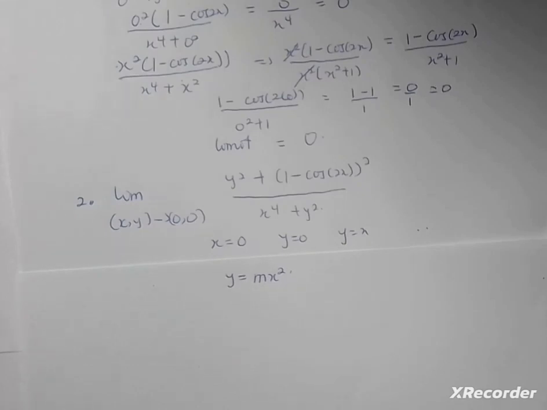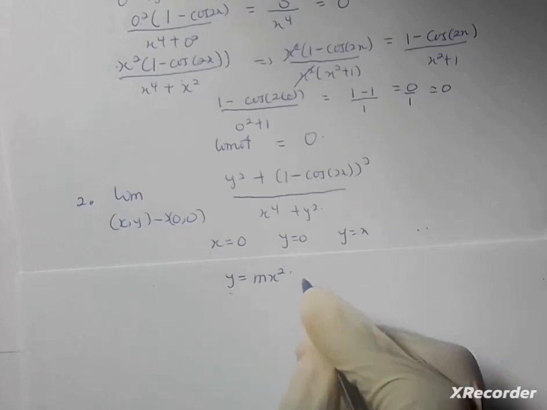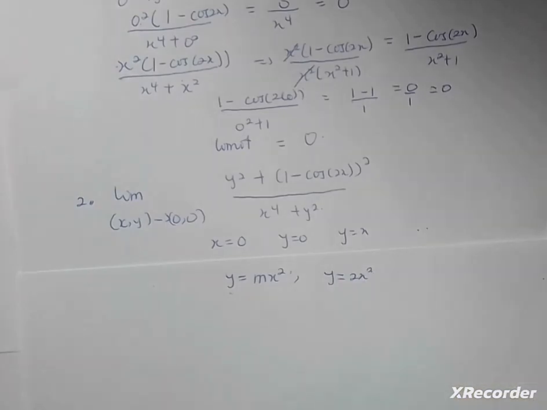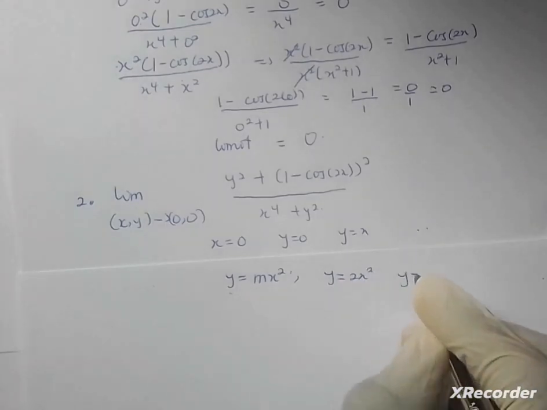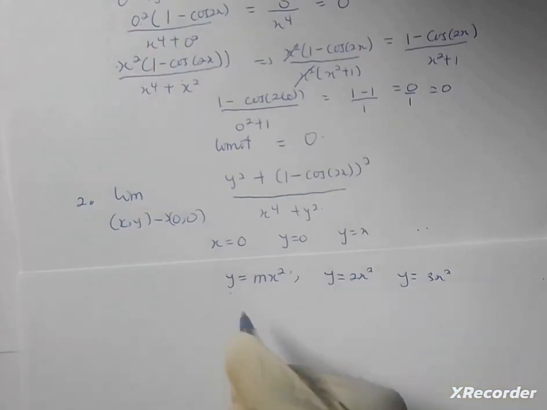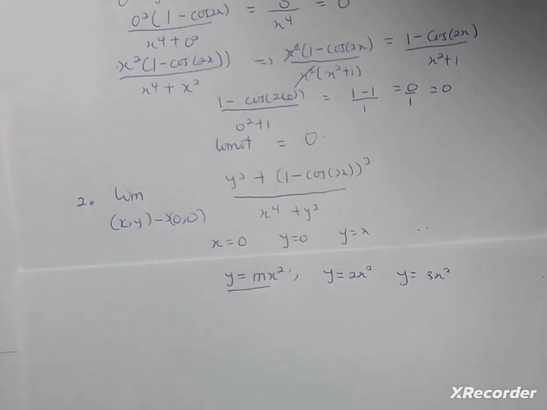So in this scenario, we are going to take a generalized curve. And if I say I'm taking y is equal to m x squared, I can get y is equal to 2x squared when m is 2. I can get y is equal to 3x squared when m is 3. So this general function can test for so many curves.